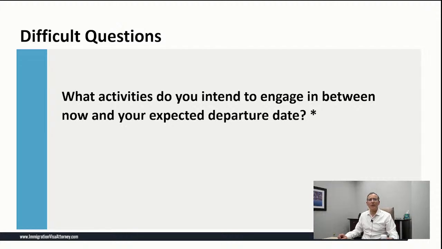But this is one of the required questions because it has an asterisk on it. And it asks you, what activities do you intend to engage in between now and your expected departure date? That's an open-ended question. For people on ESTA or people who come in on a visitor visa from Canada, for example, or anybody else who has a visa that requires them to register, my advice is to answer the question in a broad way.